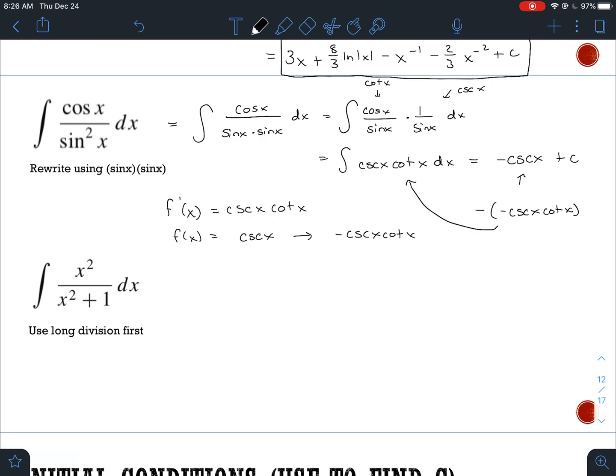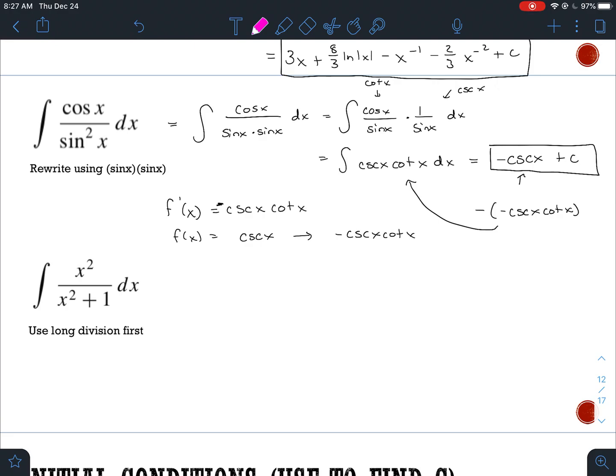So the antiderivative of cosecant x cotangent x is negative cosecant x plus c. Again, remembering all the trig derivatives is going to be helpful, so maybe review those.